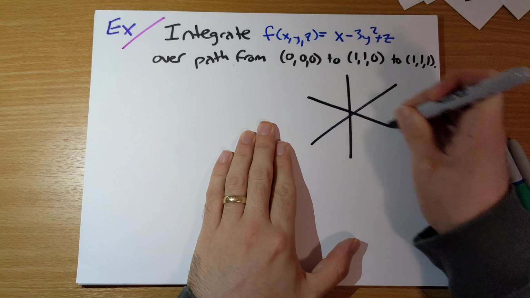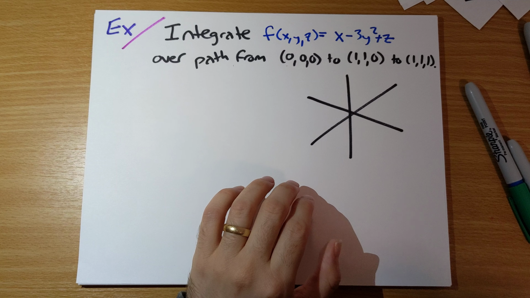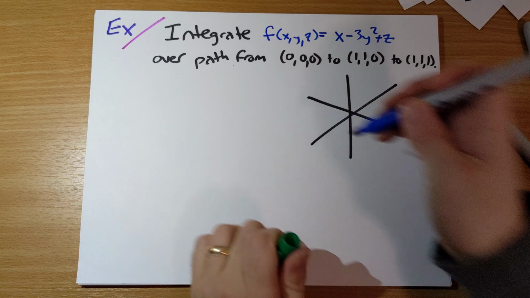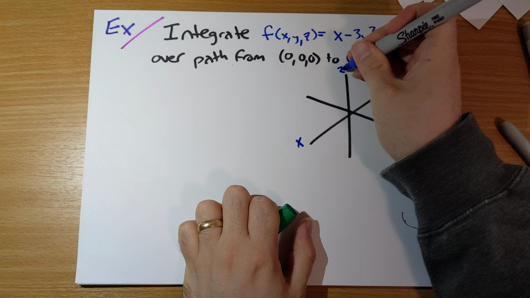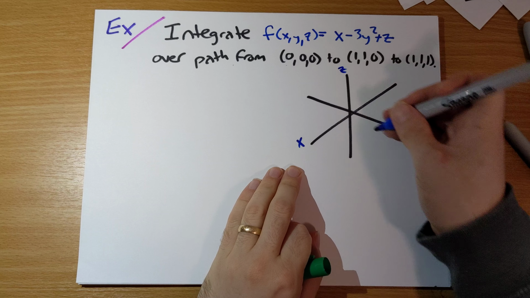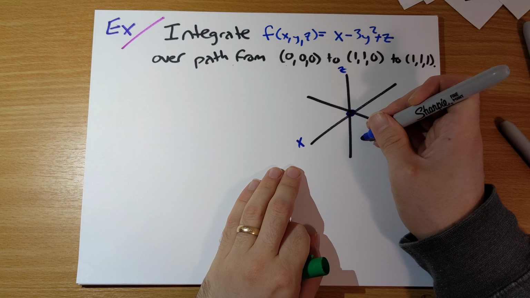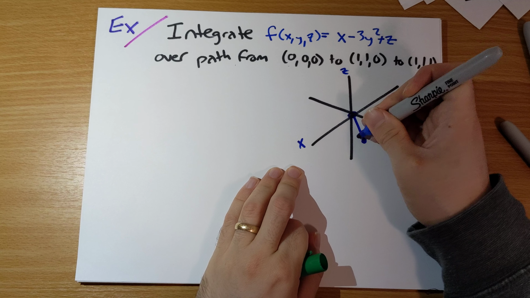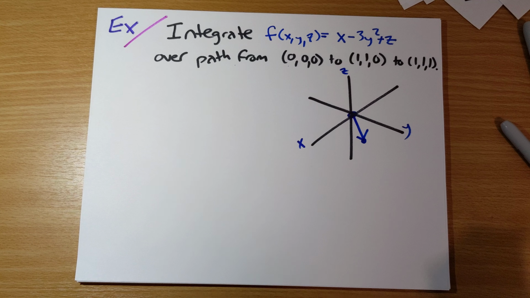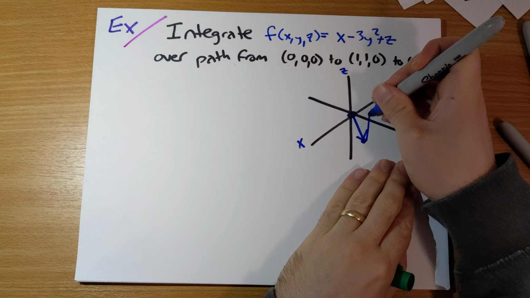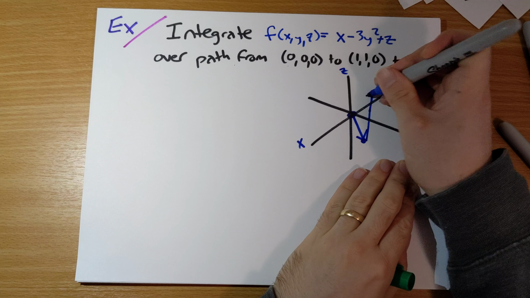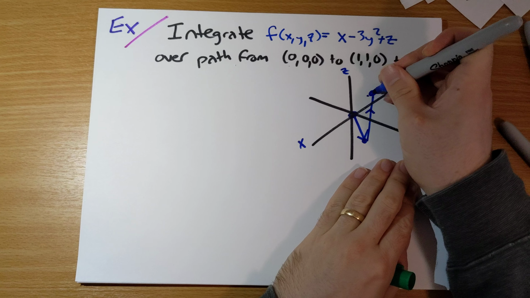Let's draw a picture really quick here. So x, y, and z. 0, 0, 0 is the origin. 1, 1, 0 would be something like that, and we move there in the xy plane. And then 1, 1, 1, we'd be moving up there.